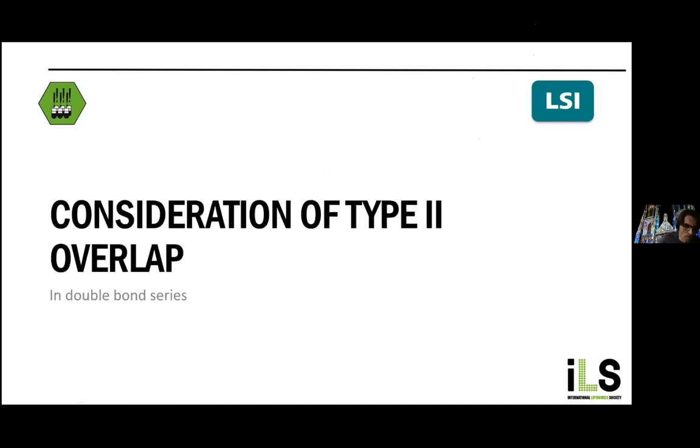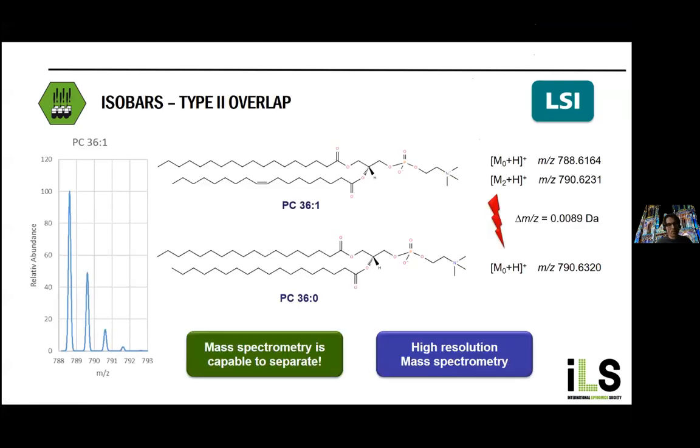What is really not an easy thing in lipidomics is the so-called type 2 overlap. And this results from double bond series. What do I mean with that? Let's have a look at PC 36:1. This is an isotopic pattern, just a simulation of a PC 36:2.